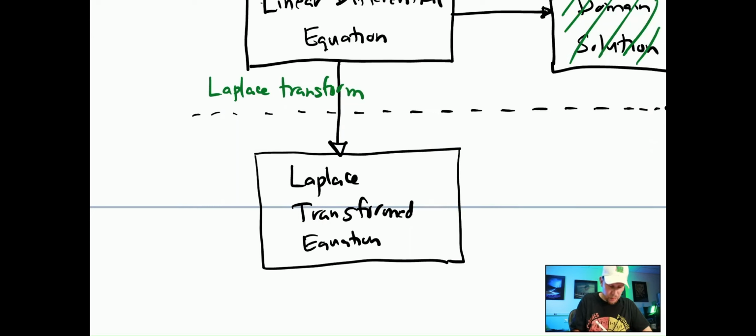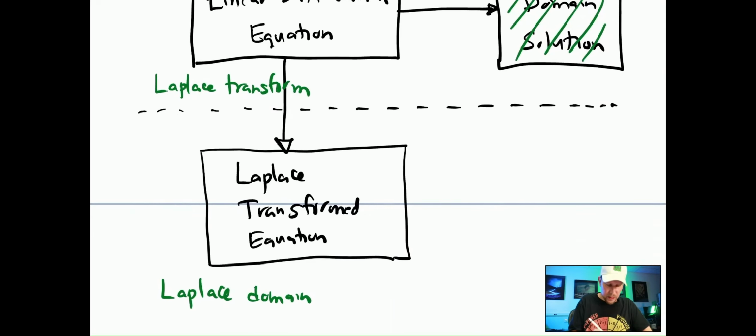So down here, we are actually in the Laplace domain. And this step here is relatively simple.